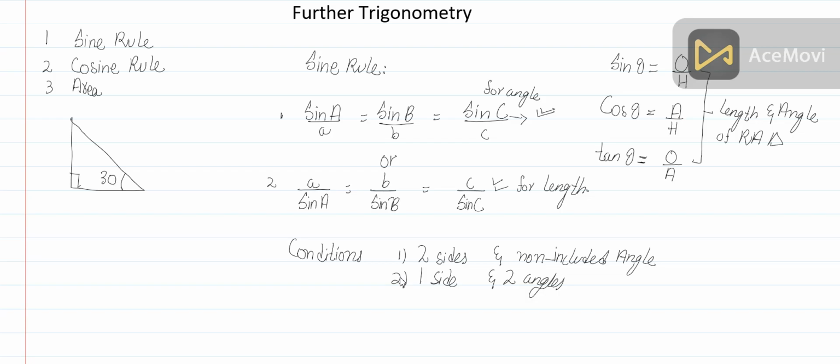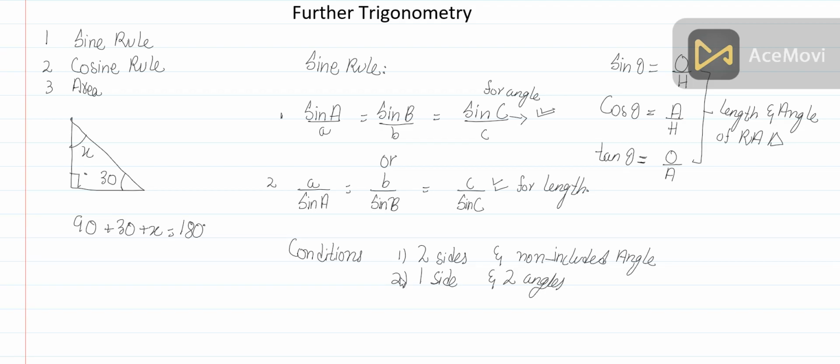So if I'm saying find out this angle x, you know 90 plus 30 plus x is equal to, as I said earlier in the video, whenever you add all three angles of any triangle, scalene or right angle triangle, it always gives you 180 degrees.